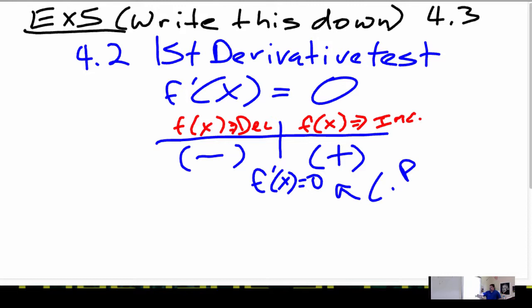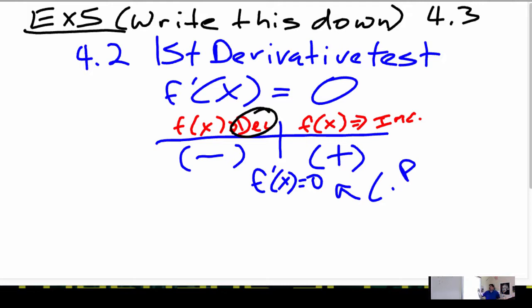So whatever value x was, if I took some negative value that was way less than that, right? Then I plugged it in. If it was negative, we assumed that the function was decreasing, right? And then if we took some value that was greater than the critical point x value, we would determine if it was positive or negative.